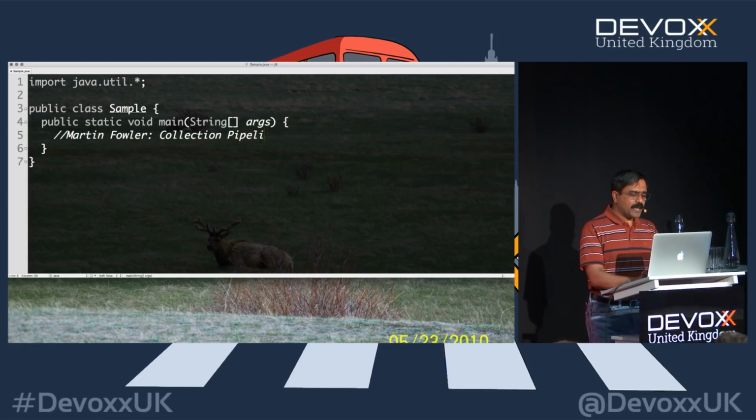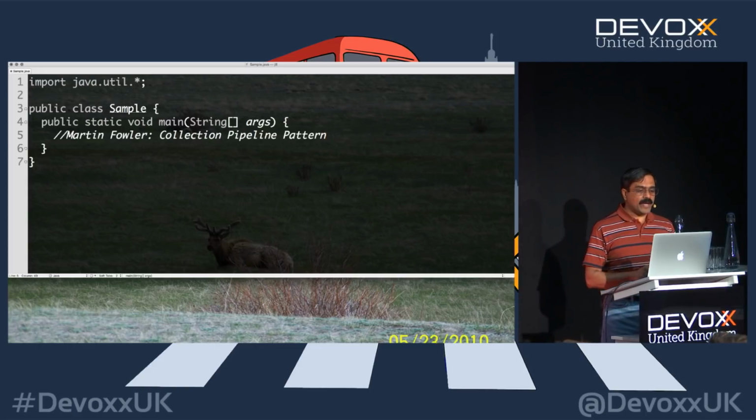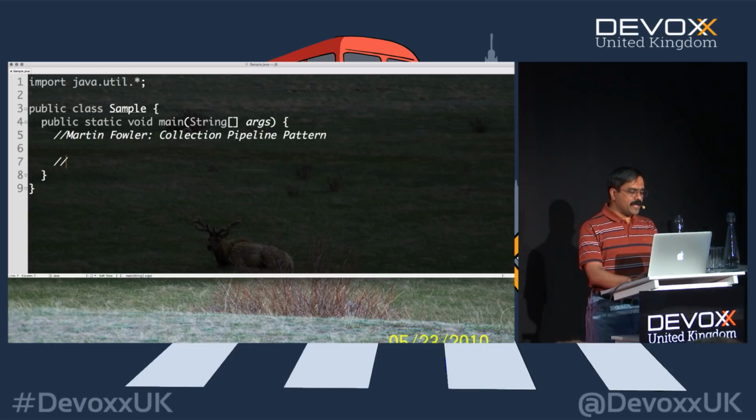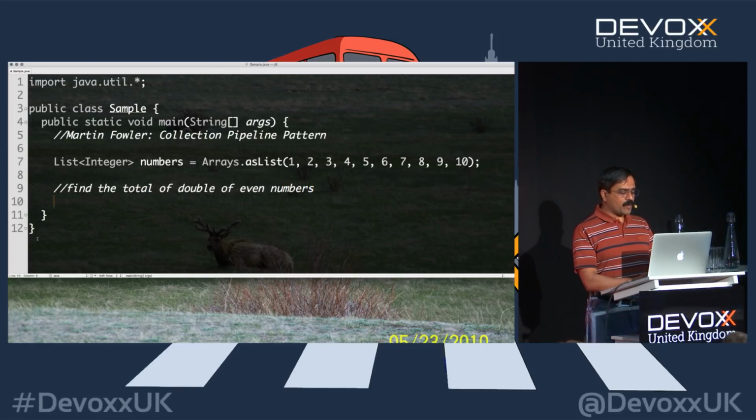A collection pipeline pattern is a very vibrant way of looking at how we're going to start writing code moving into the future. For example, let's say for a minute, we are interested in taking a list of numbers, and we want to find the total of double of even numbers. Well, in the imperative style of programming, what we would do is start with, let's say, a total equal to 0.